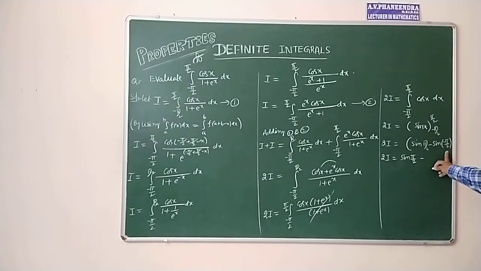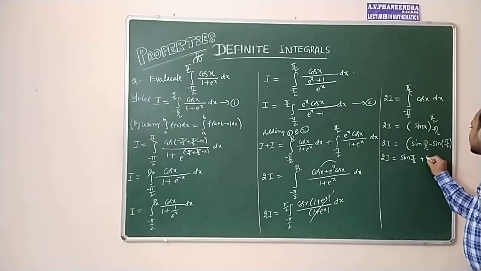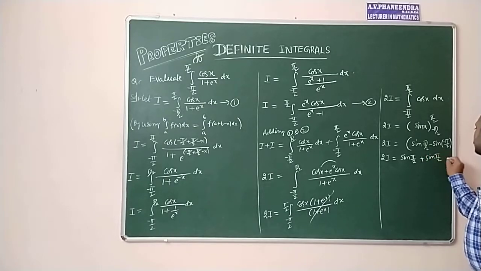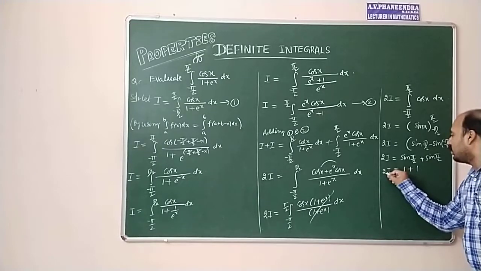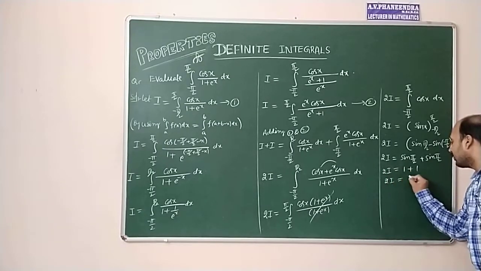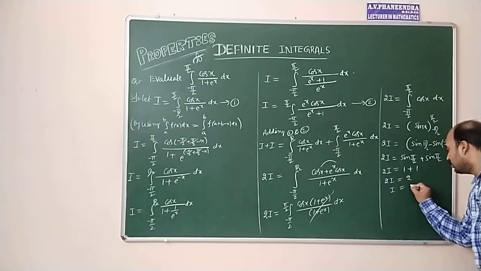Sine of minus theta is minus sin theta. So minus of minus is plus sin pi by 2. Sin pi by 2 value is 1 plus sin pi by 2 value is 1. 2I equal to 2. So I is equal to 1.